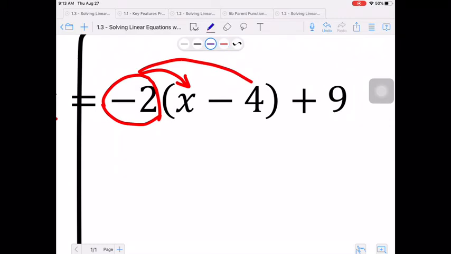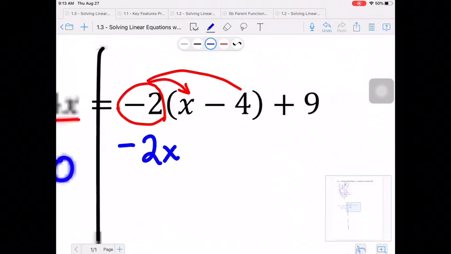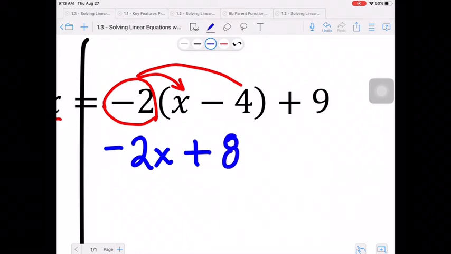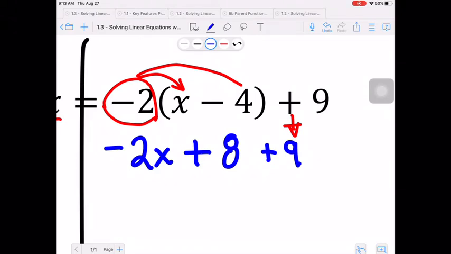Negative 2 times x equals negative 2x. Negative 2 times negative 4 equals plus 8. And I'm just going to drop the negative 9. All right. Cool. We're not done yet. I see that I have 2 like terms.